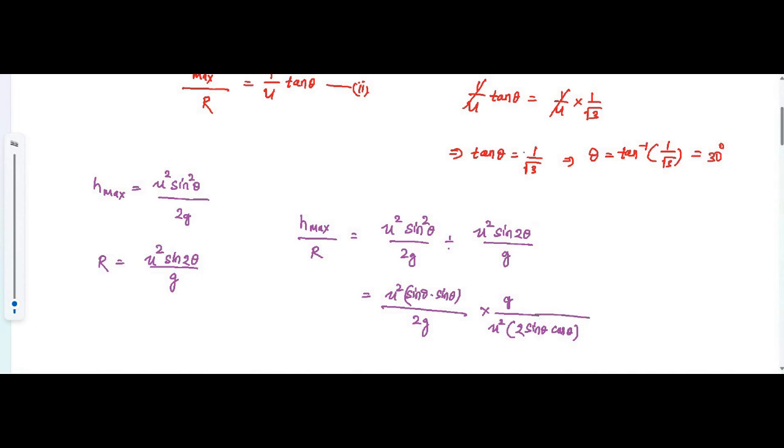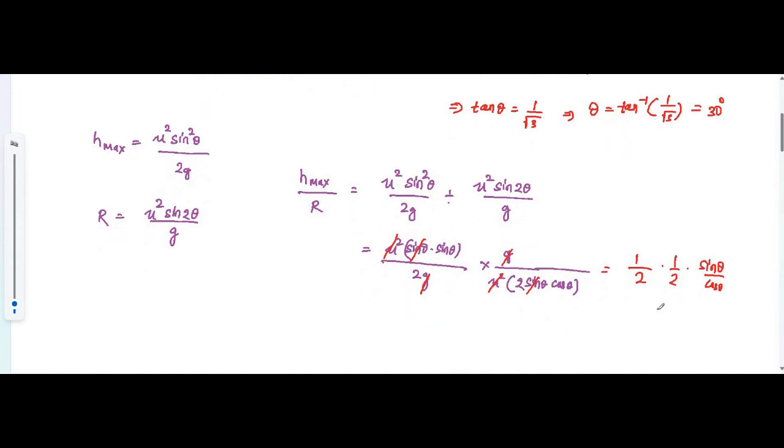Okay, so here u square will get cancelled, g will get cancelled, sine theta will get cancelled. So we'll have sine theta by cos theta and 1 by 2 into 1 by 2 into sine theta by cos theta, which is equal to how much? 1 by 4 tan theta. So same relationship we arrived using this individual formula approach.